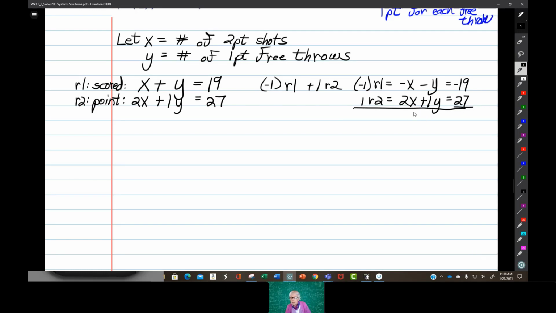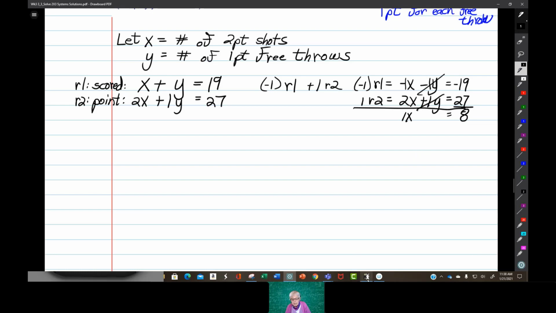Okay, so if I add these, -1x plus 2x is 1x, which of course is just x, and -y is the same thing as -1y. -1y plus 1y is 0. Goodbye. And -19 plus 27 is +8.